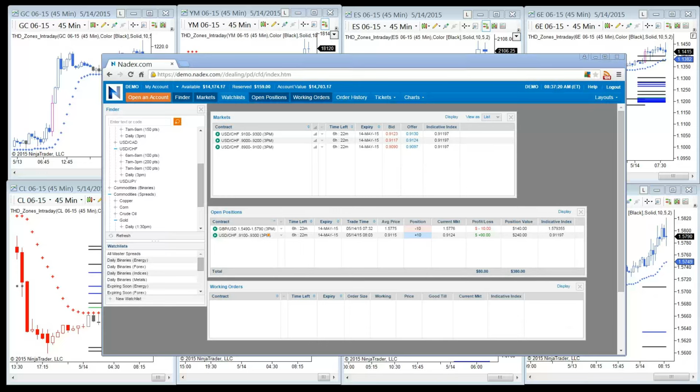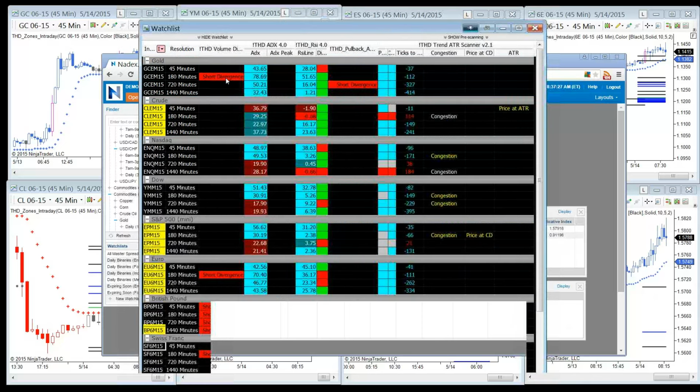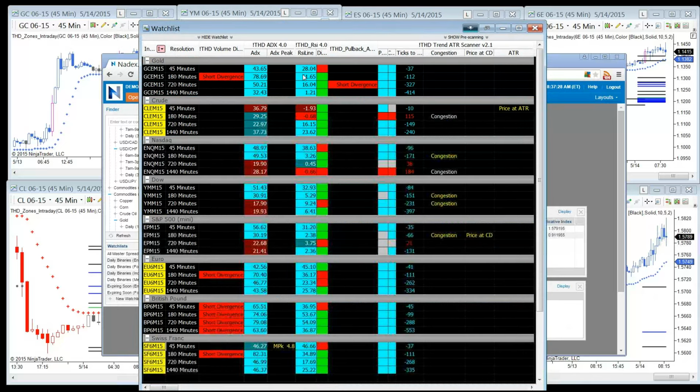Now, I could have done it on gold because remember that gold had short divergence at 78, at 50, okay? That all of this together, when you combine it together, it means what? It means that market is overbought and will likely go down.